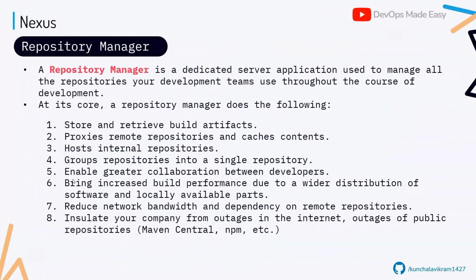Without a repository manager, it is always CLI operations, and we can't rely on CLI all the time. So you have a UI, and that is called a repository manager. Clear guys?